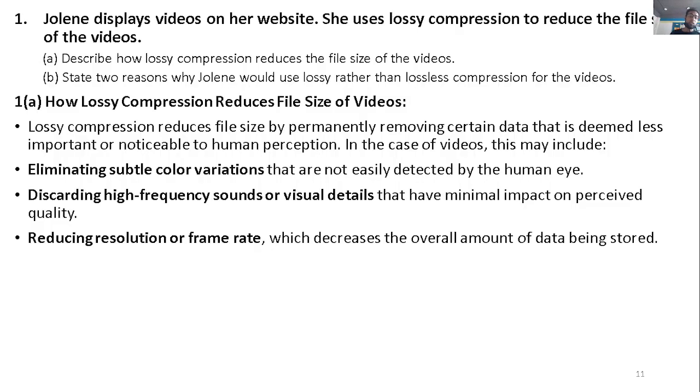So these are basically 3 methods for lossy compression. First, it removes details that are not visible to the human eye; it may remove voice details that are not detectable by the human ear; or it may reduce the resolution. It all depends on the compression you are using in lossy.